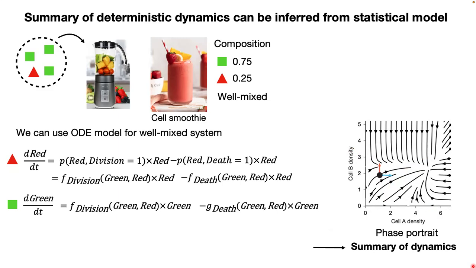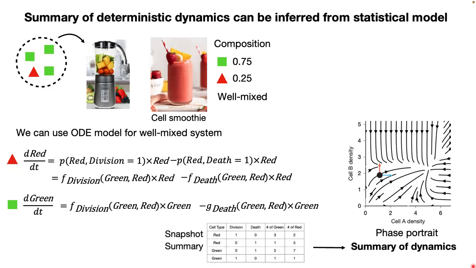As a small summary, this can be done from the snapshot summary: they do some statistical modeling and put it into the ODE model to make this phase portrait. This is the core method of their paper, and I will explain some applications of this method. How did they calculate the composition?